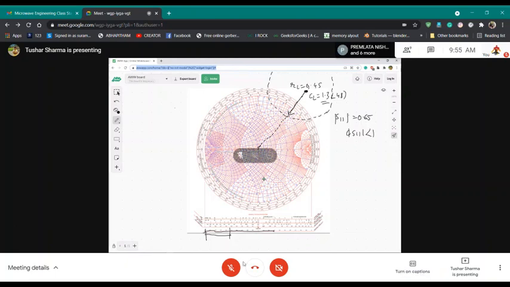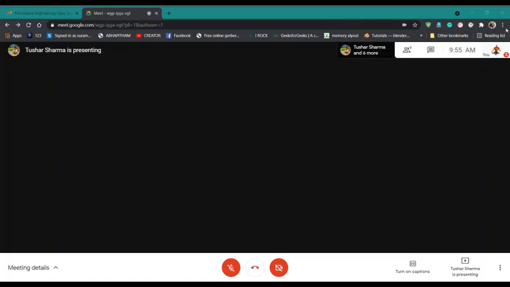Which area will be stable and which area will be unstable? So stable towards the Smith chart center. Correct. So what you will do, you will plot that, and you will need to know what is your stable region and what will be your unstable region.